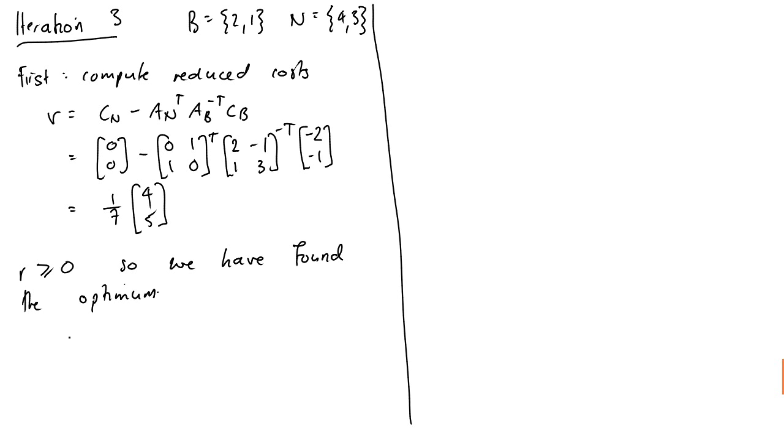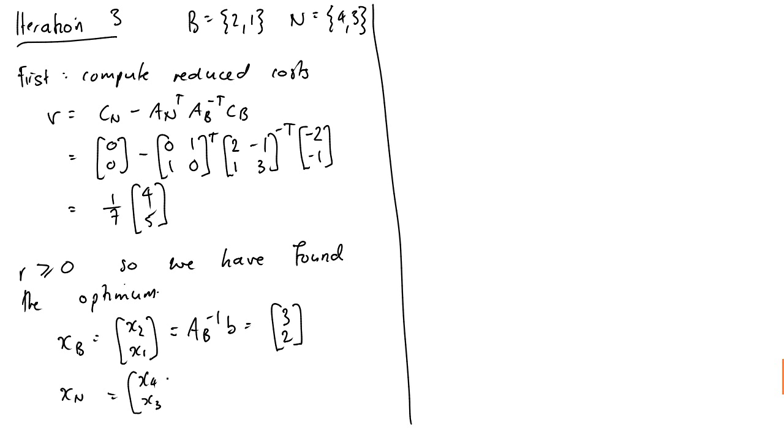Okay, so let's just sort it out. So x_B, therefore, our optimal basis is x2 and x1, and solving for those is A_B inverse b equals 3, 2. X_N, the non-basic variables, don't forget, at any basic solution, the non-basic variables are always 0.